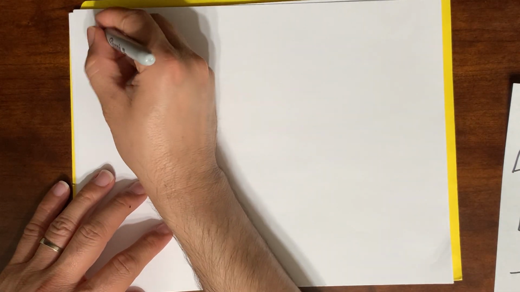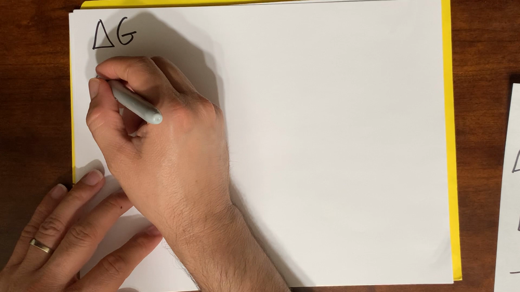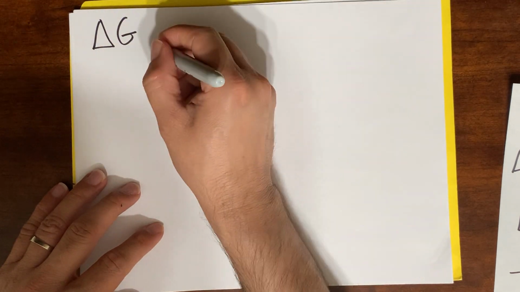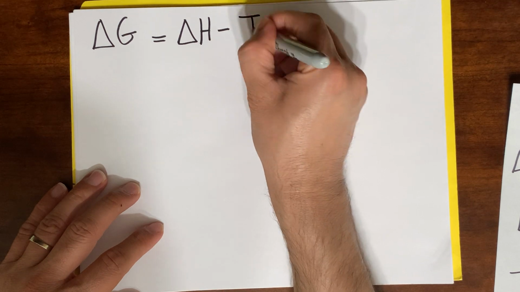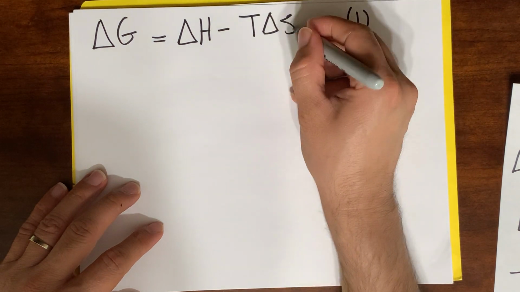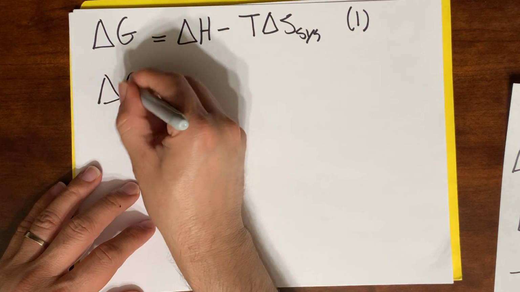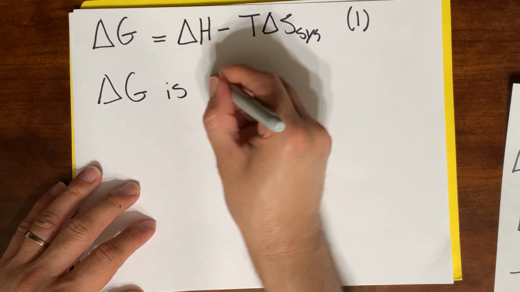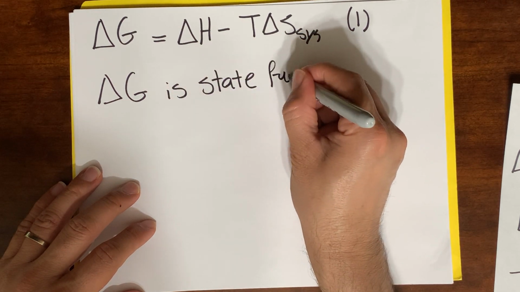So I'm going to write it here. Delta G, which is change in Gibbs free energy, is going to be equal to delta H minus T delta S. Let's call it 1. And this is the system. Delta G is a state function.